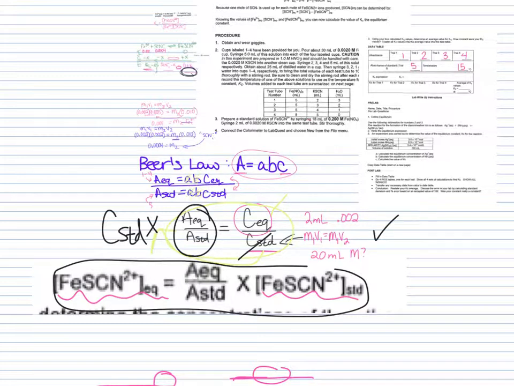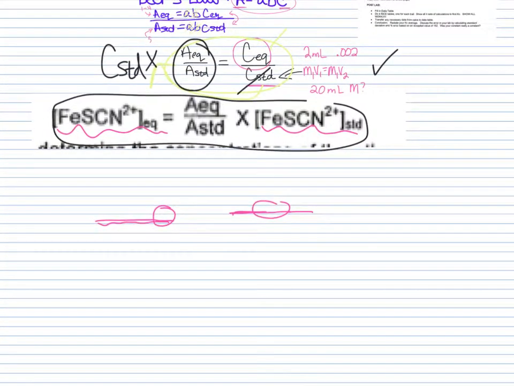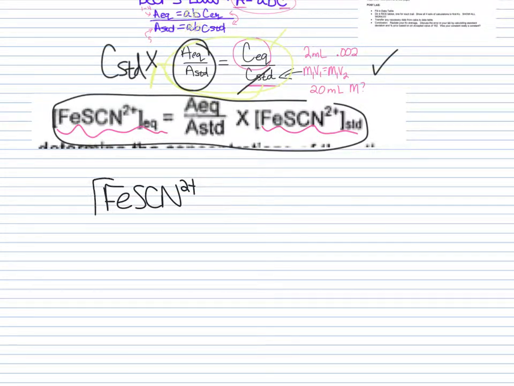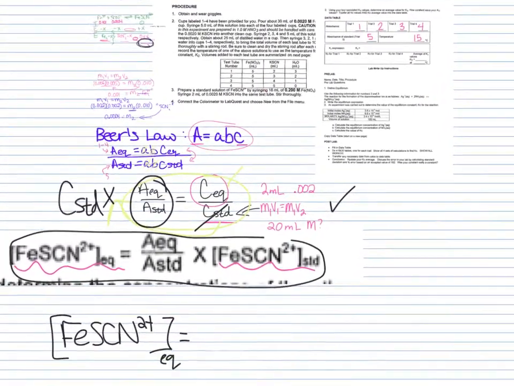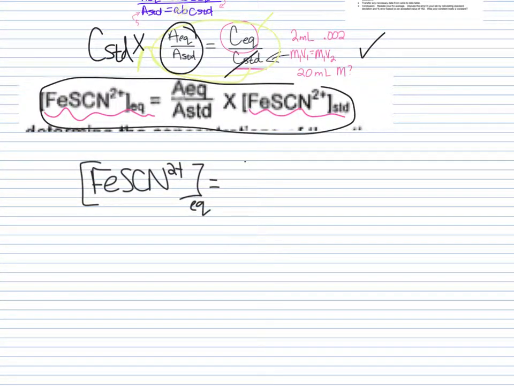What I would end up doing for trial 1, for this little formula, is say the FeSCN2+ equilibrium value that I need for the ICE table is equal to what my data table says: for trial 1 I got 1, and my standard was 5 times this, okay?